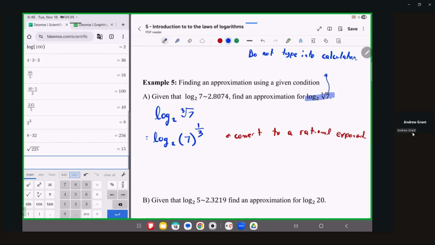And now using the power law, we can bring down the 1/3 in front. So this becomes 1/3 multiplied by log base 2 of 7. So this is the power law of logarithms.